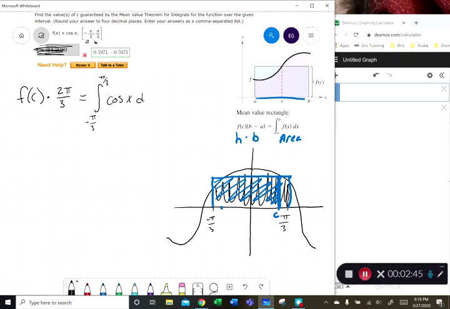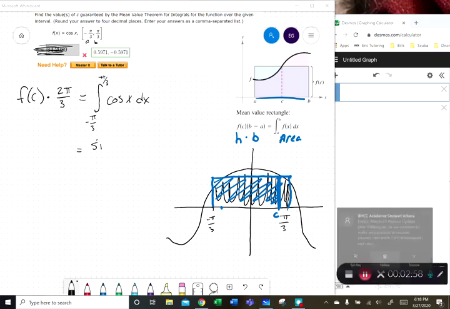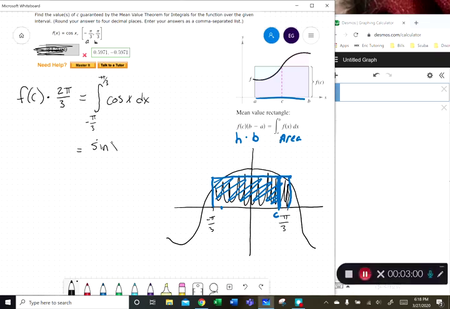The integral of cosine of x dx. If we evaluate the definite integral, the antiderivative of the cosine function is the sine function, and we evaluate that at the limits of integration from negative pi over 3 to pi over 3.